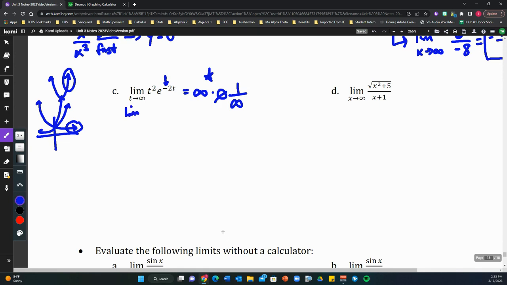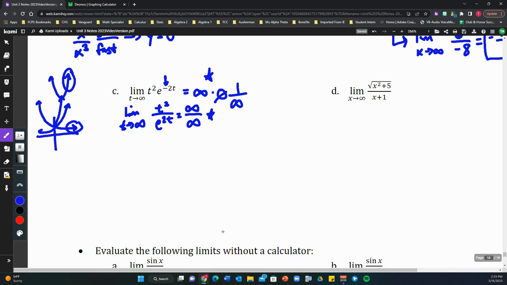So this is not me doing L'Hopital's. This is me just rewriting the original. I can rewrite the original in this form, t squared over e to the 2t. And now if I took the limit, I would get infinity over infinity, which is a more traditional indeterminate form. Doesn't really matter which way you do it. All of these different ways of writing it tell us the same thing.